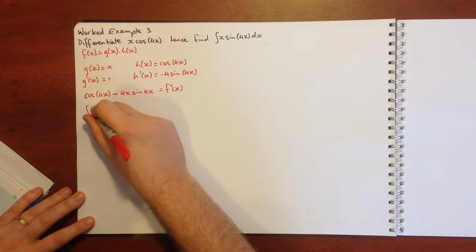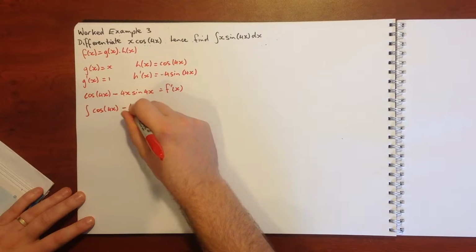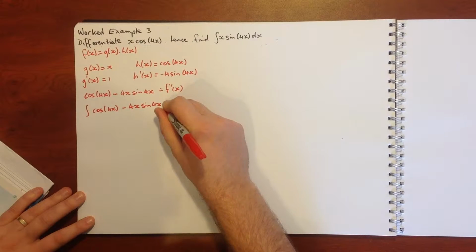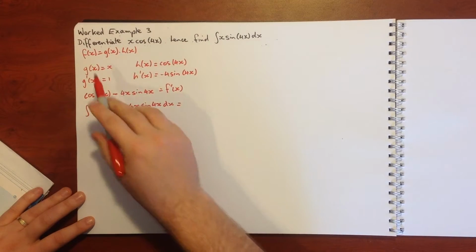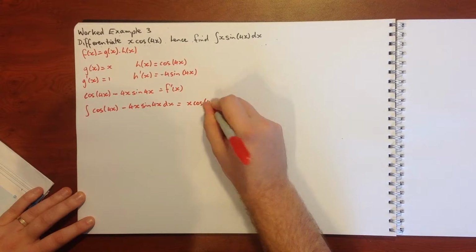So if we integrate cos of 4x minus 4x sine of 4x with respect to x, we're going to get back to our x cos of 4x.